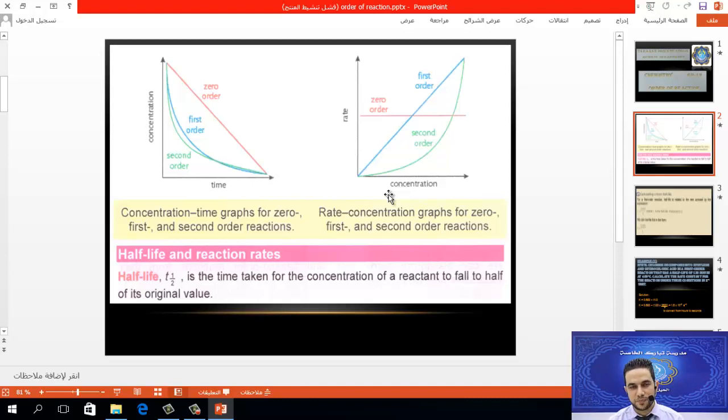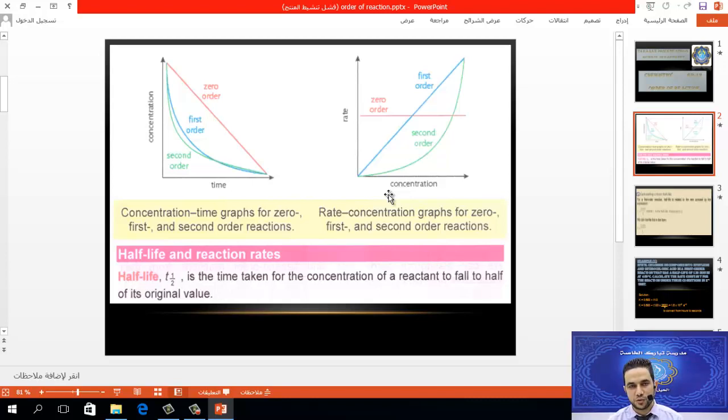If we double the concentration of reactant, you will find the rate also doubled. If we decrease the reactant concentration to half, the rate will also decrease to half. So the rate with concentration is directly proportional and regular.